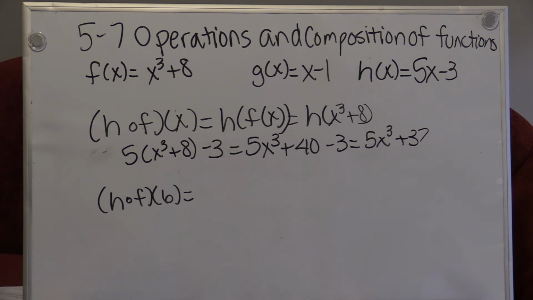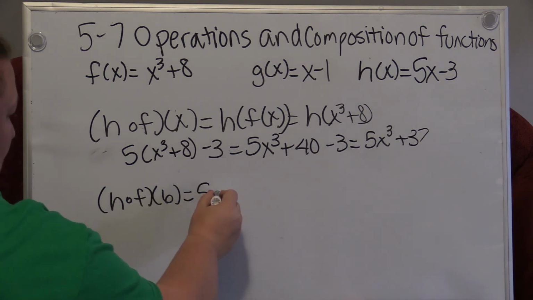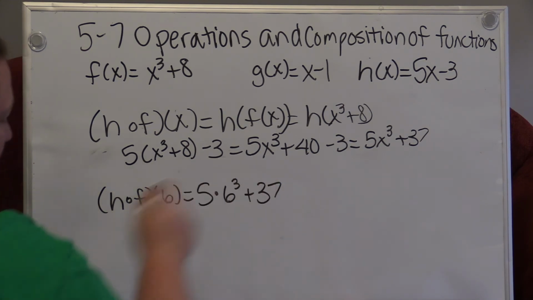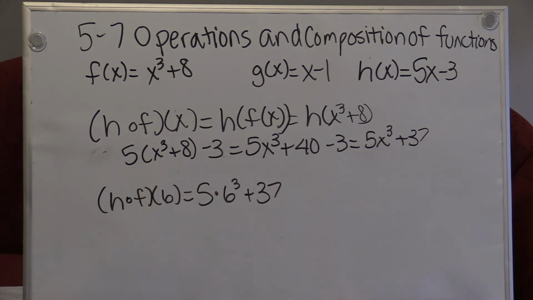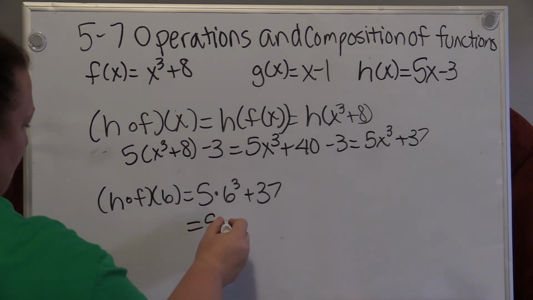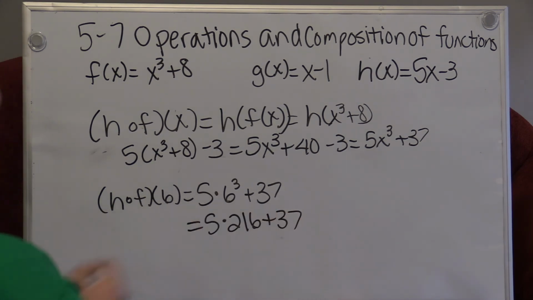And we're going to put that in and try to find out what happens at 6. So 5 times 6 cubed plus 37. 6 cubed is 216. So 5 times 216 plus 37.